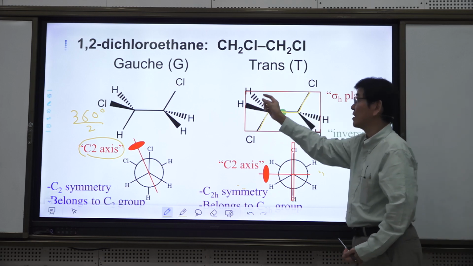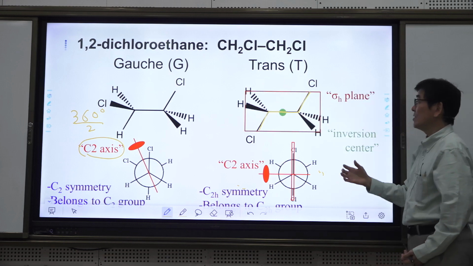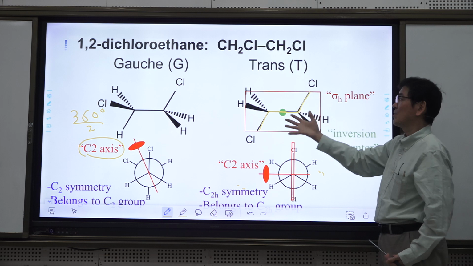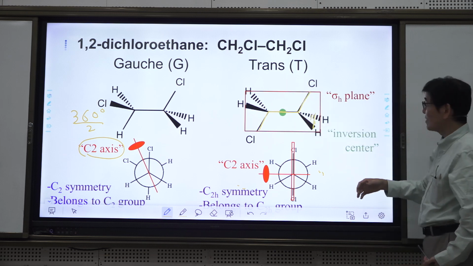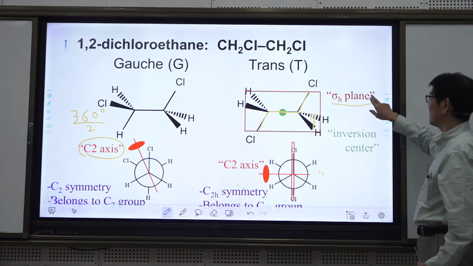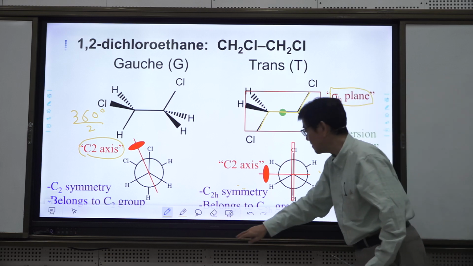Two H groups are mirror image, this side and the back side of this mirror. In this case, we call it, this molecule has mirror plane, mirror symmetry. And in this case, this is so-called sigma h plane. Okay?